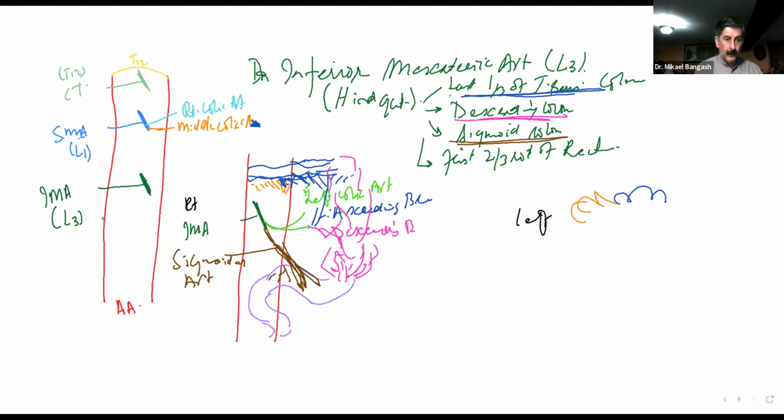And of course, it will anastomose with the descending branches of your left colic artery. Did you guys get that?